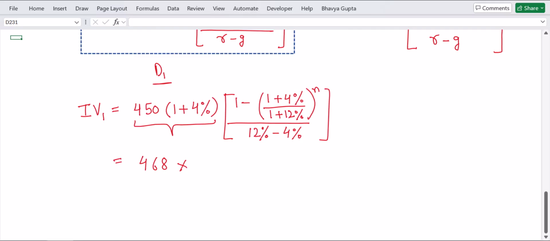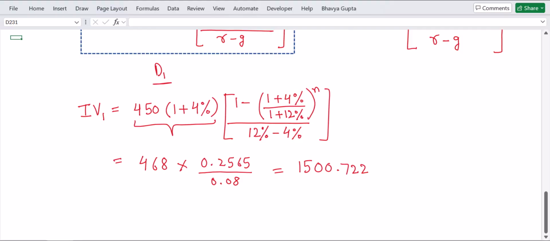We will add a negative sign before that, plus 1. So that will give us 0.2565, 0.2565 divided by 0.08, and the final result will be 1500.722. Okay, so that is IV1.